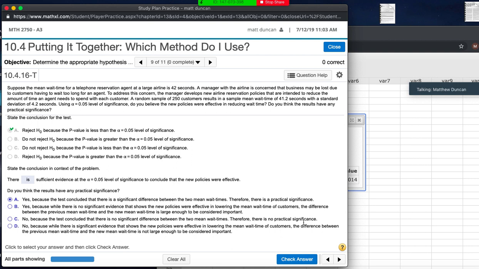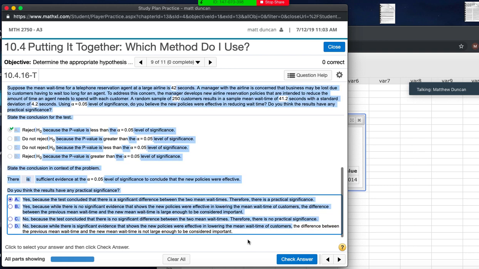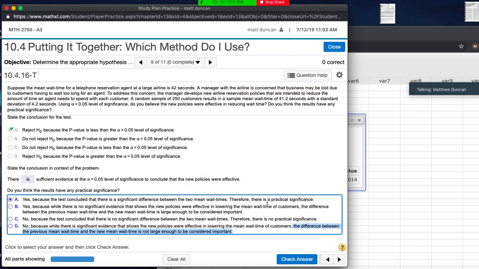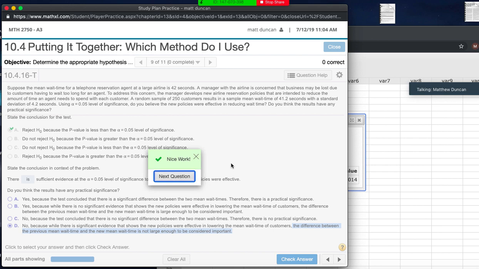So they're saying based on this that it's not large enough to be considered important. And my argument would be, I don't know, a second may be a long time for wait time if you multiply it by 300 people trying to get on a plane. So I see their point why they're saying D. I guess I have my reservations about why they're saying that it's D, but okay.